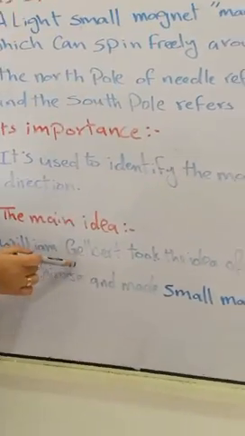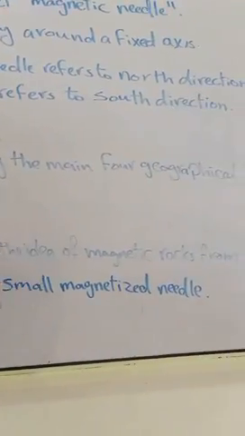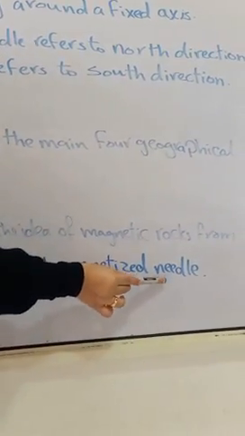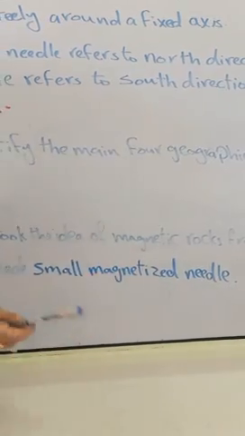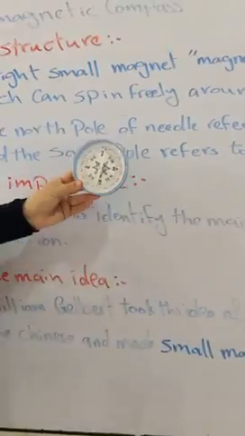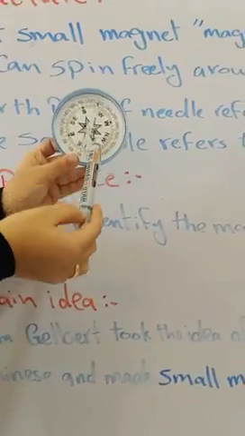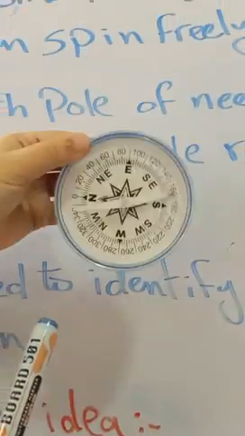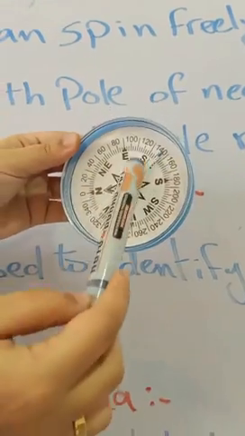And William Gilbert took this idea from them and made a small magnetized needle. And this magnetized needle is used to make the compass, which consists of a magnetic needle that can spin freely around the fixed axis.